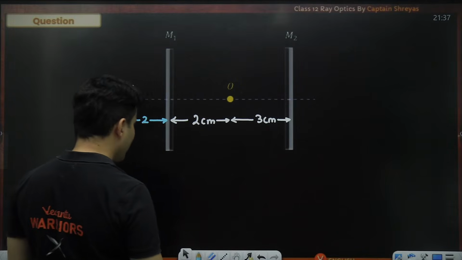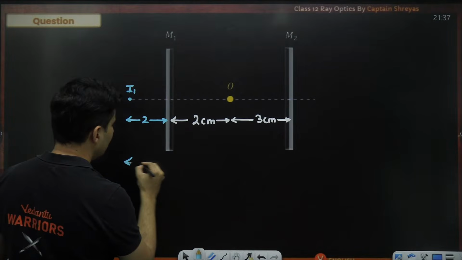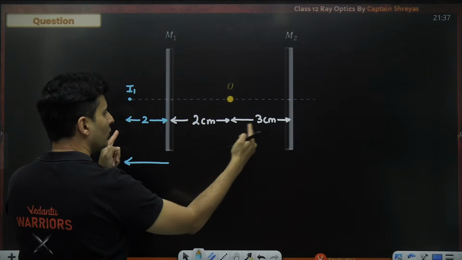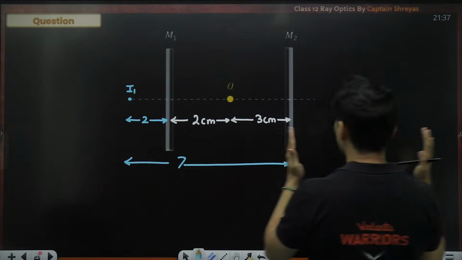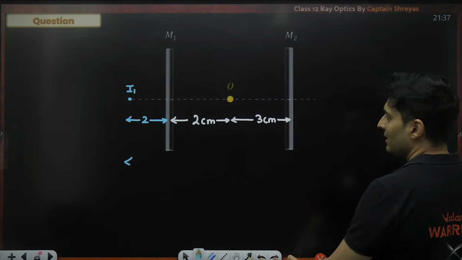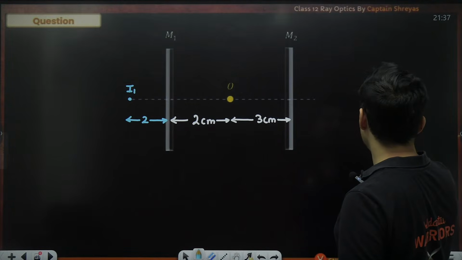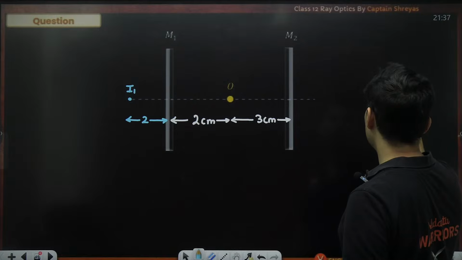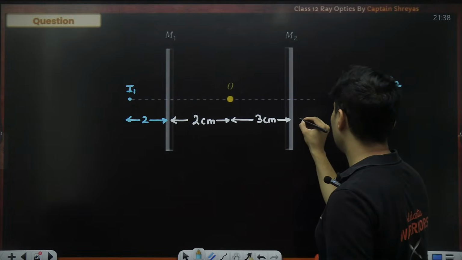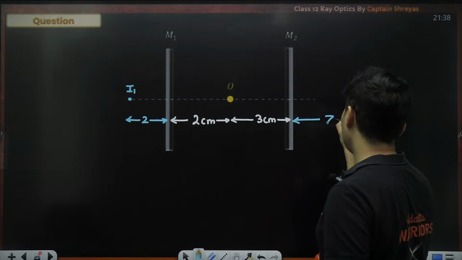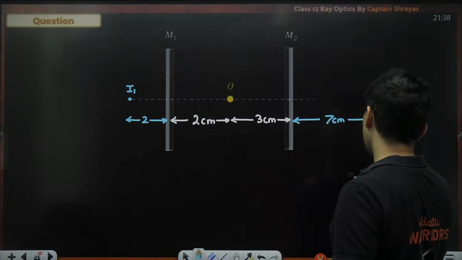And as you can see, this is 2 plus 2, 4, 4 plus 3, 7. So if this is 7 centimeters behind, 7 centimeters behind means somewhere over here. This is the next image which will be formed for this mirror. So this will be 7 centimeters.